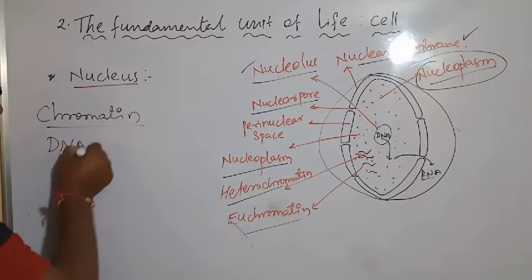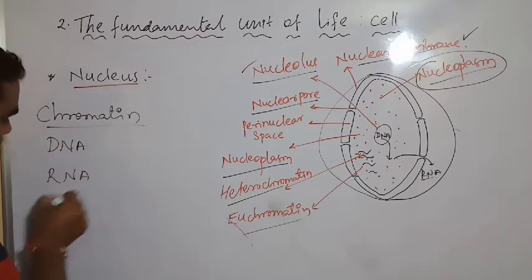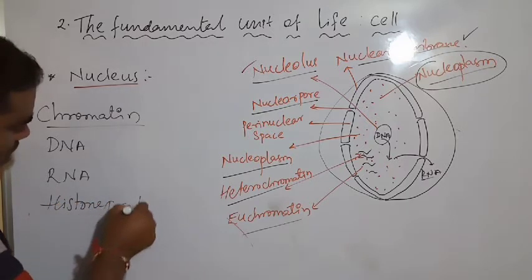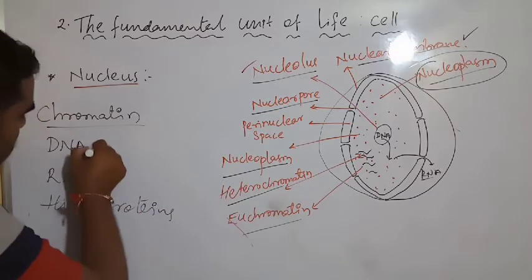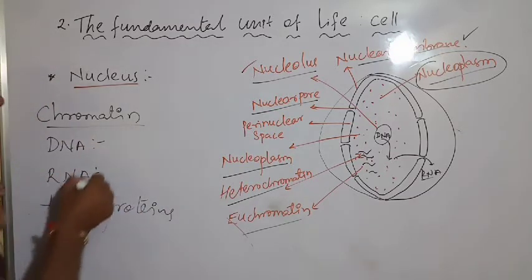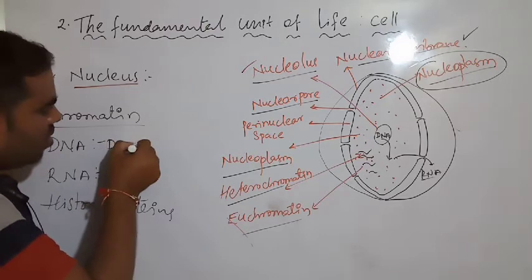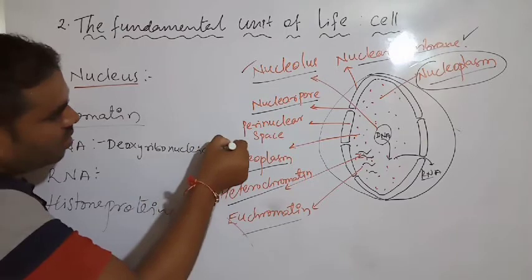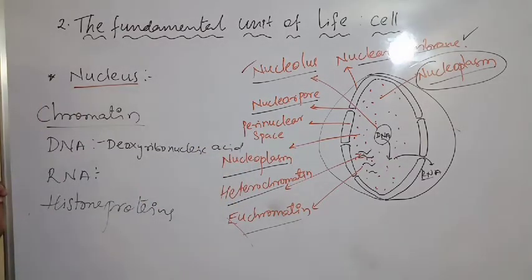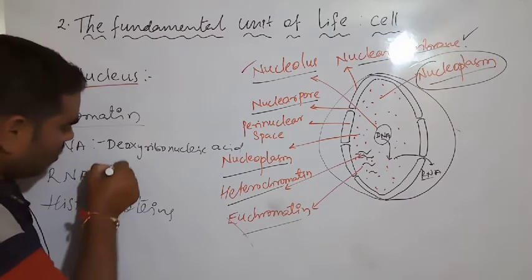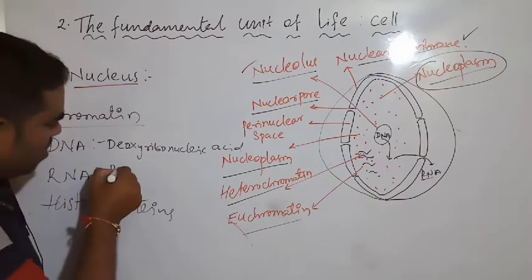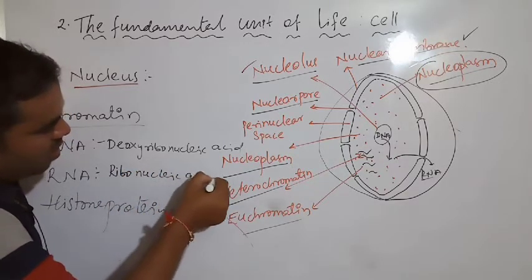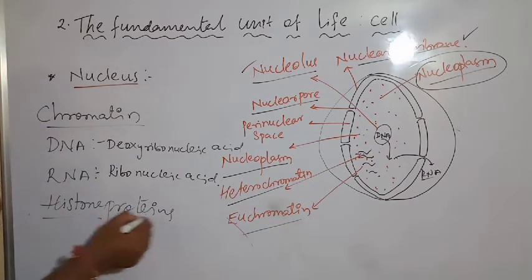See, DNA is deoxyribonucleic acid. Next, RNA is ribonucleic acid, and histone proteins.